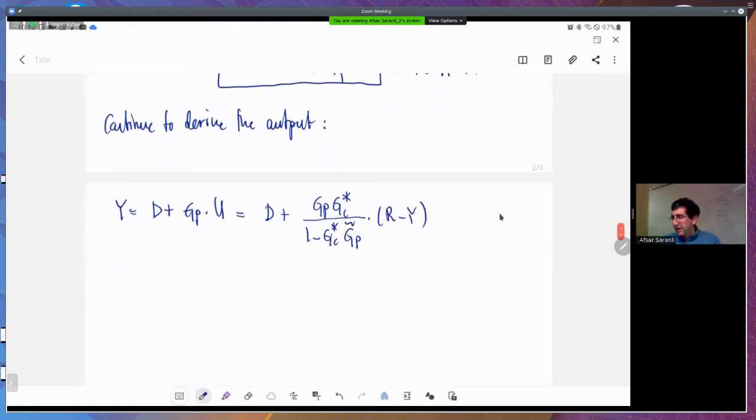Now I start obtaining everything in terms of Y. You see there is a Y term on the right hand side and another Y term on the left hand side.